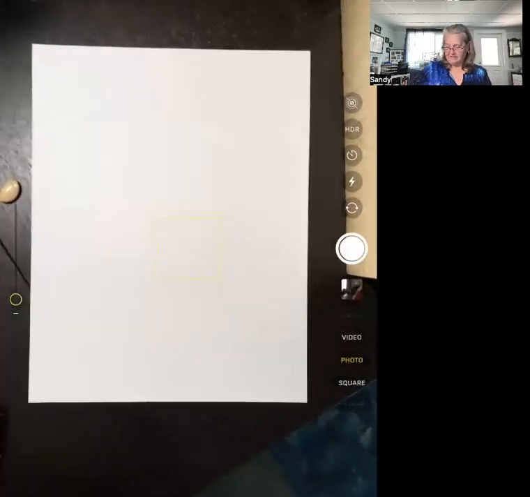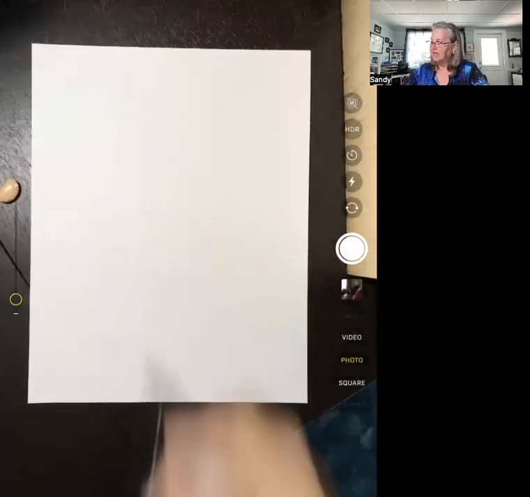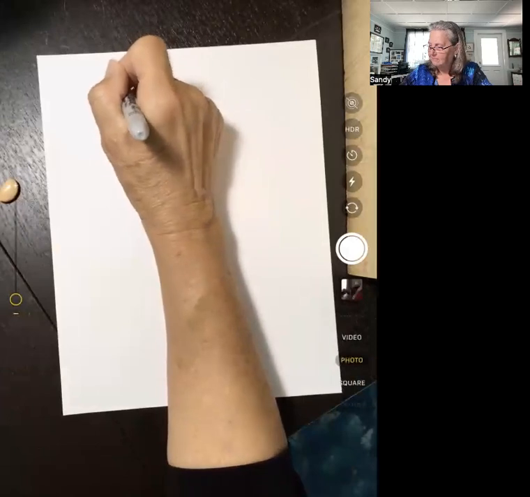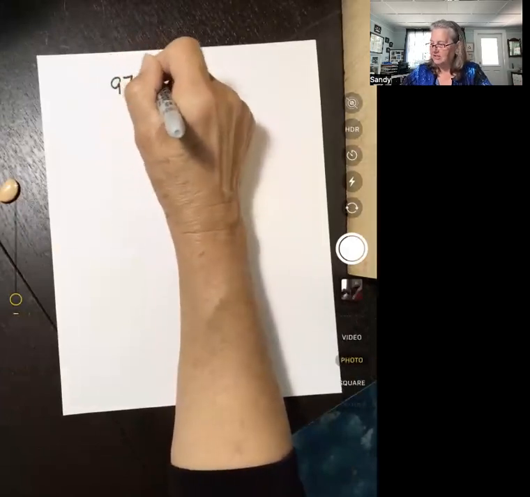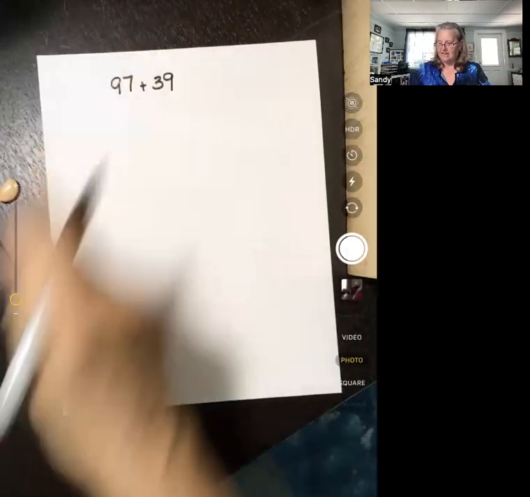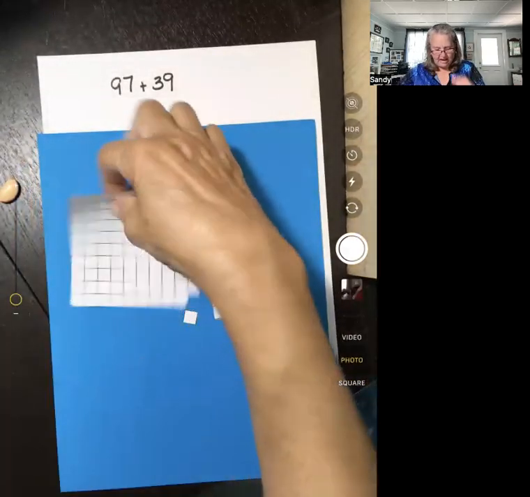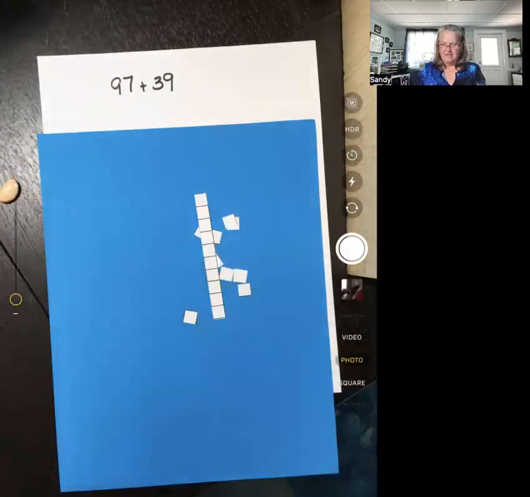So think about if I had a problem like 97 plus 39. See, I could think of the same idea here. I want to do enough of this so that the student doesn't necessarily have to work with the materials anymore, but they could draw related pictures.